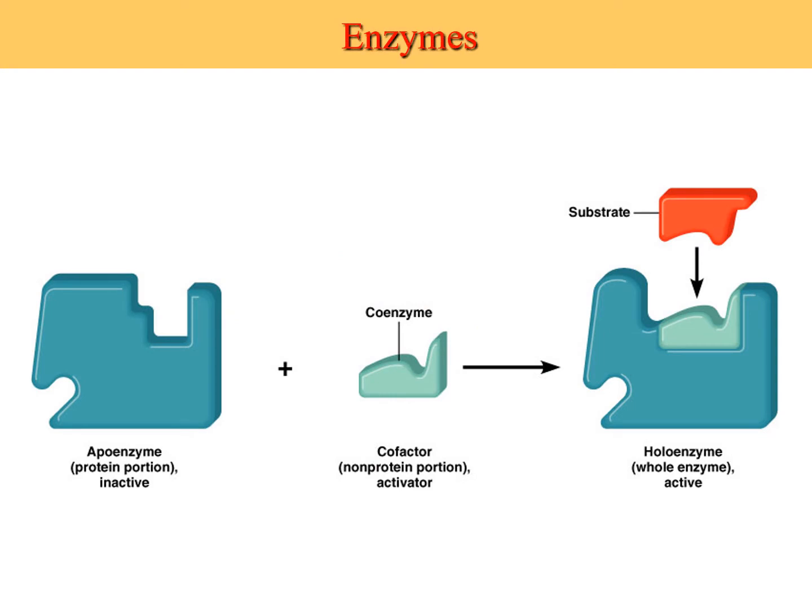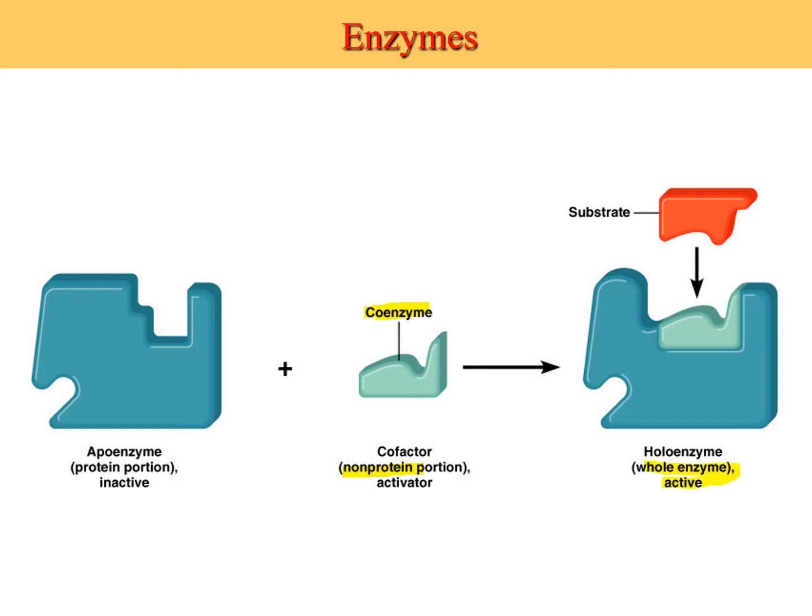Some enzymes, not all, but some enzymes require a cofactor. This would be a non-protein molecule that interacts with the enzyme. It's called a coenzyme. And then you get a fully active enzyme.